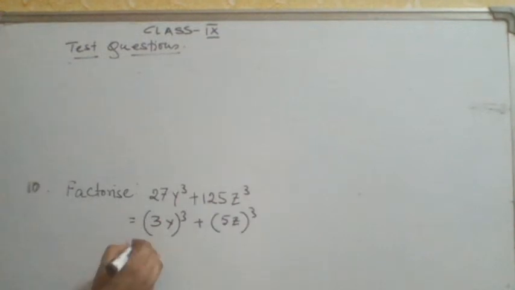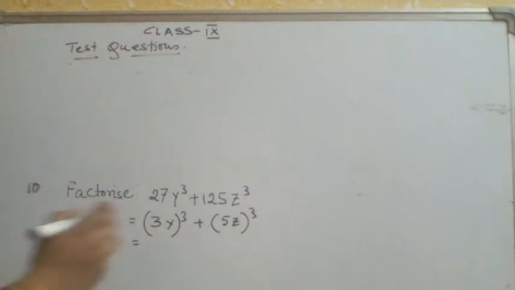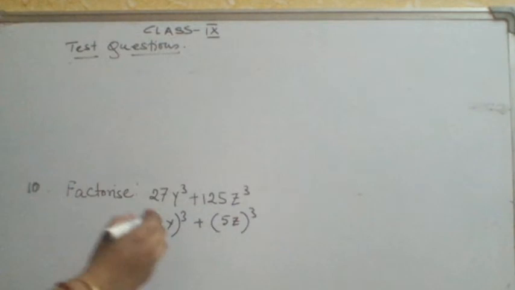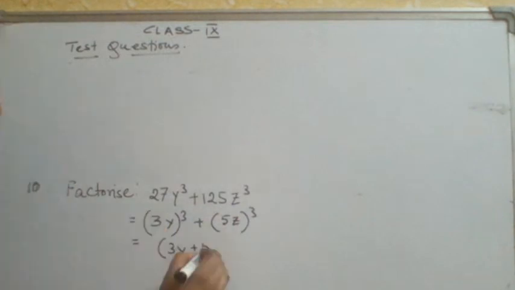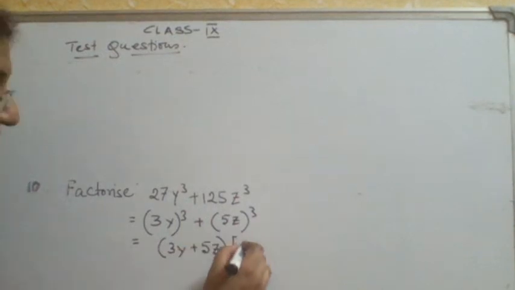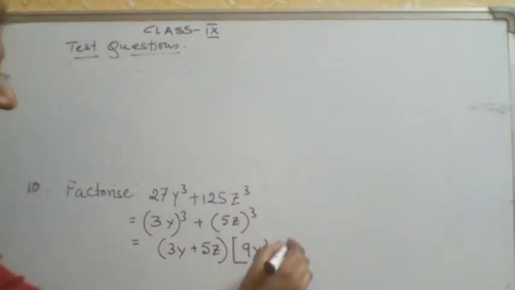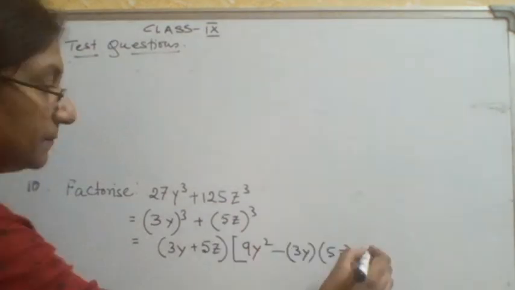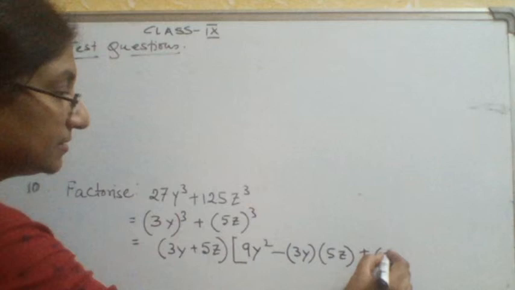And a cube plus b cube, you know the identity: a plus b, that is 3y plus 5z, into a square minus ab plus b square. A square means 3y whole square, I will write it directly, 9y square, minus ab, which means 3y into 5z, plus 5z whole square.